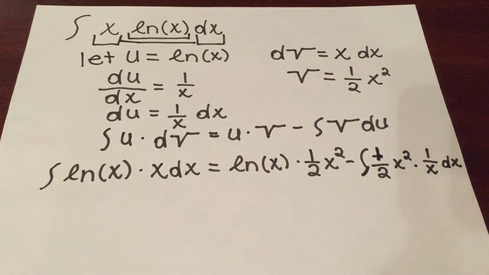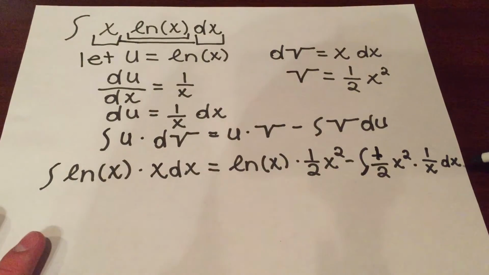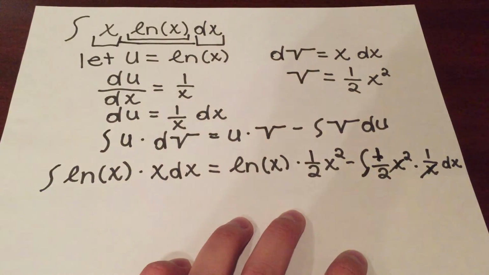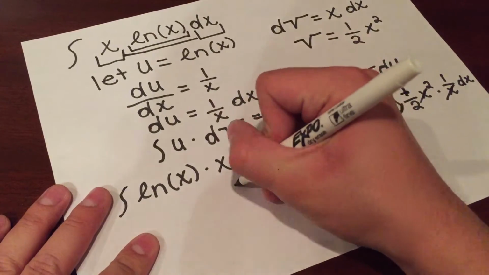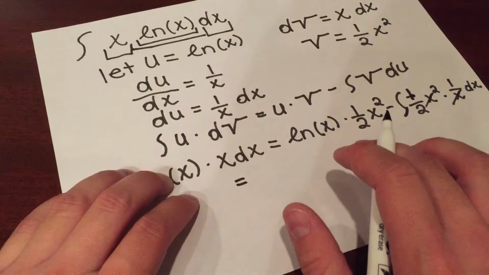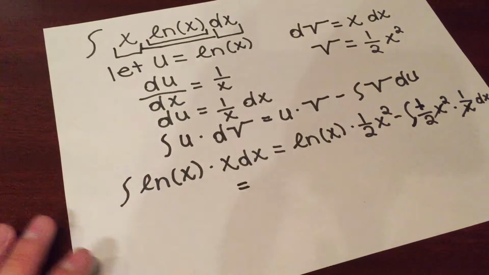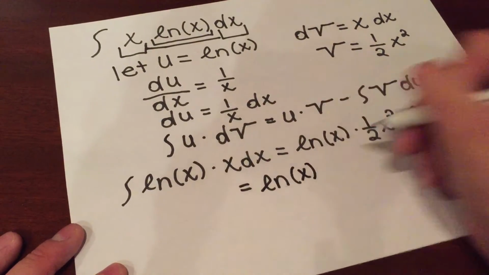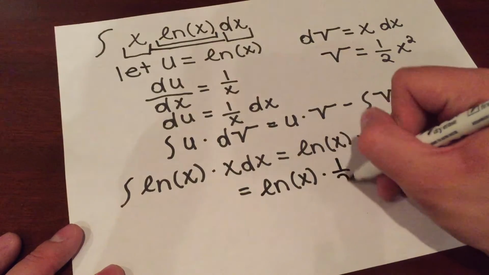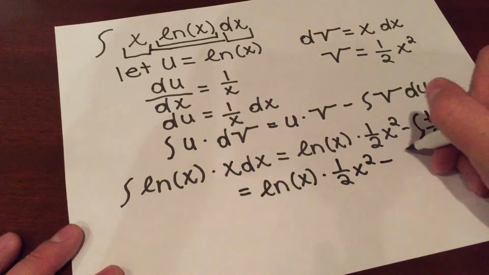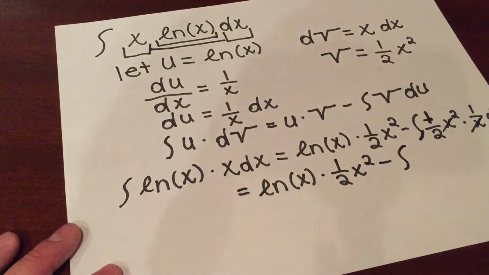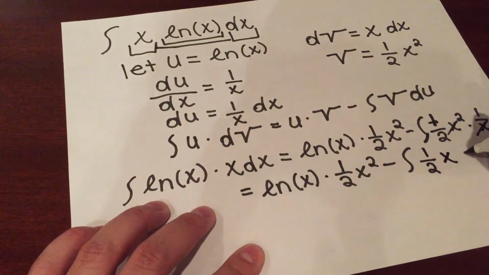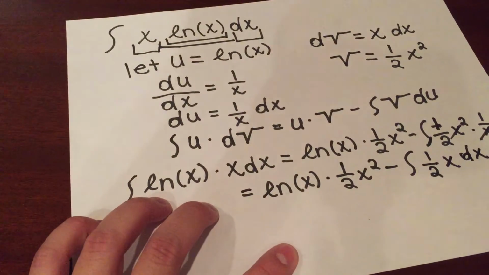So that's what we have. Now, the overall goal of this is to try to get rid of the dx. So how are we going to do that? Well, first of all, we could cancel out the x, which essentially would leave us with ln of x times 1/2 x squared minus the integral of 1/2 x dx.